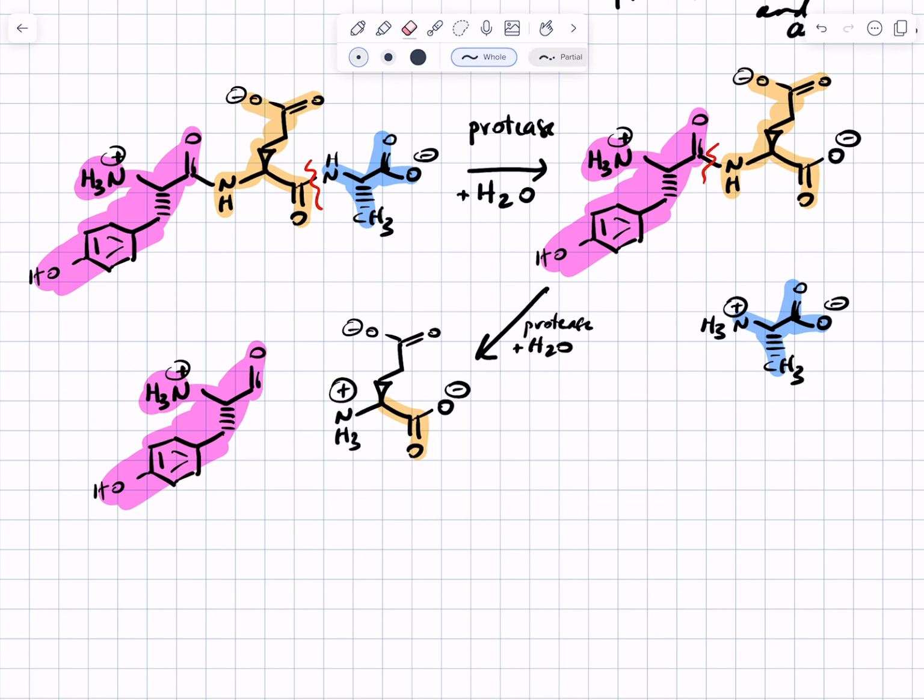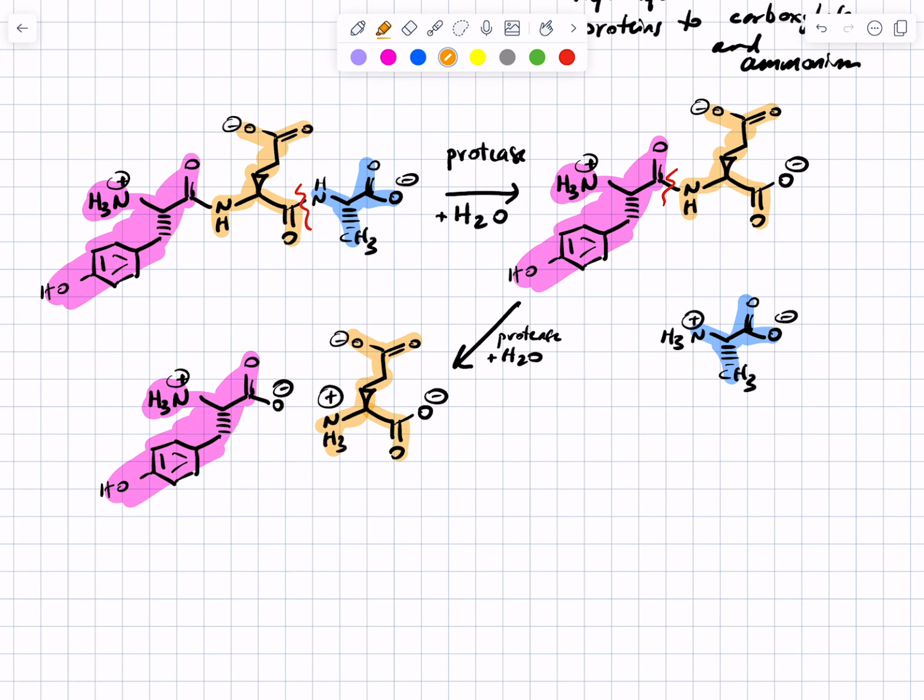And on the Y side, you would have the carboxylate. So proteolysis with these proteases hydrolyzes the amides into their respective amino acids. Questions about that?